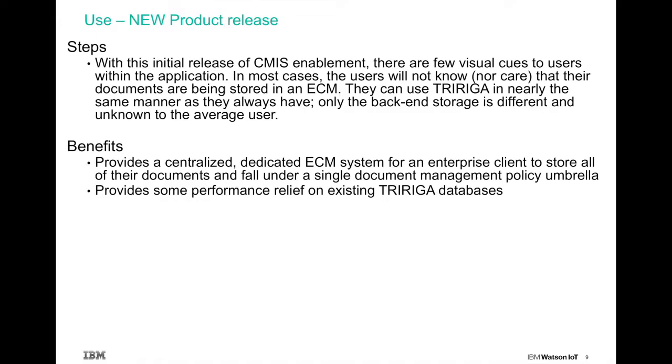They will no longer be stored in a database, they will instead be stored in an ECM system. For most users, that difference is blind to them. They do not know where they are storing their documents. There are no different visual cues. There are no different items that they will notice that indicate that they are saving to an alternative system.